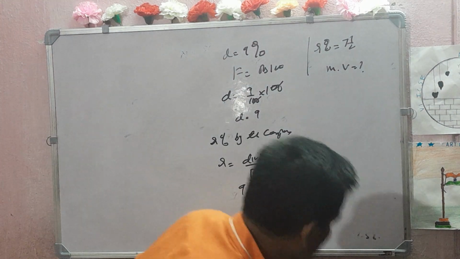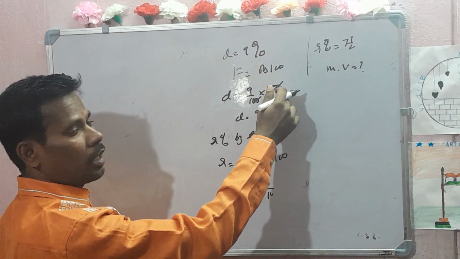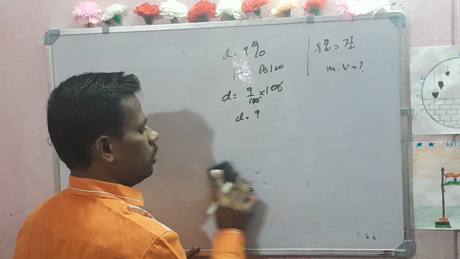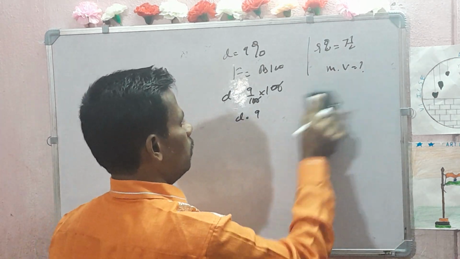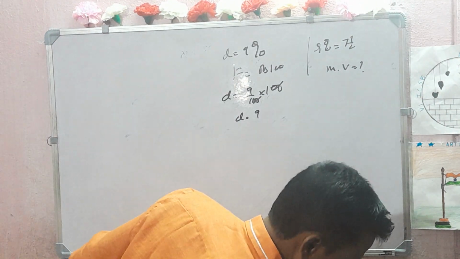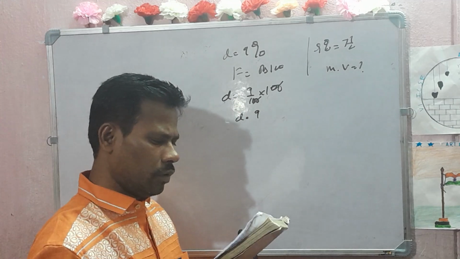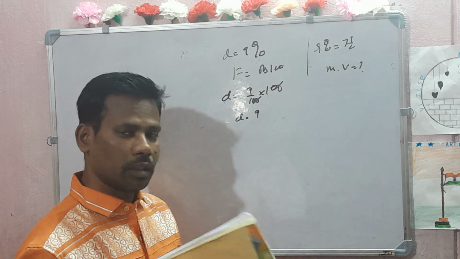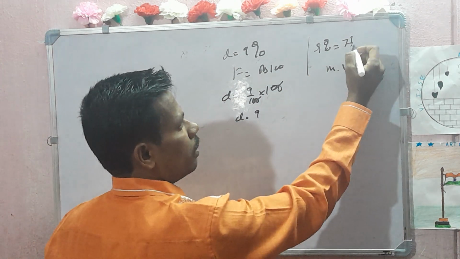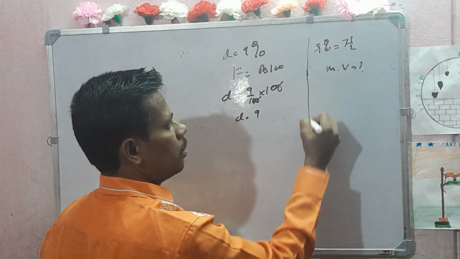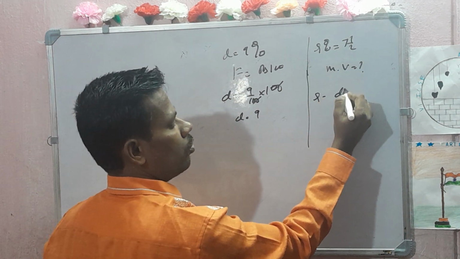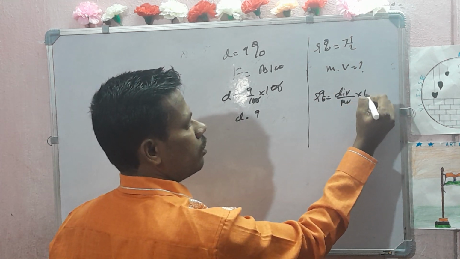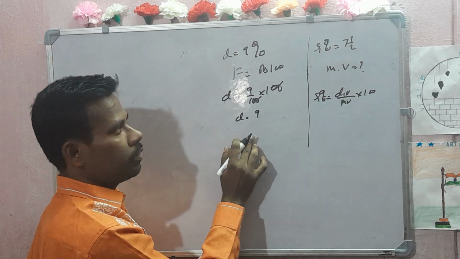Dividend is 9 by 100 into 100, dividend is 9. Just don't write this. So here dividend is 9, and the rate return is 7.5% given. So that means rate percentage is equal to dividend by market value into 100. Please ignore the previous one.